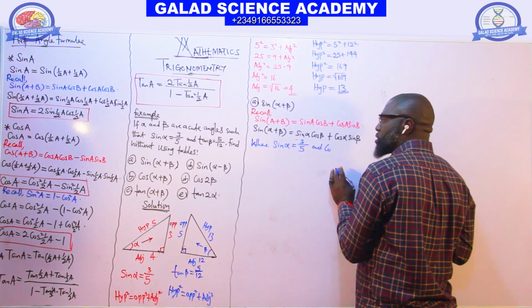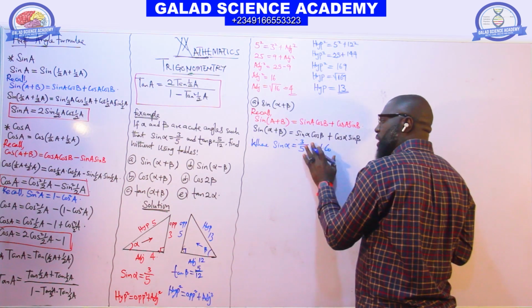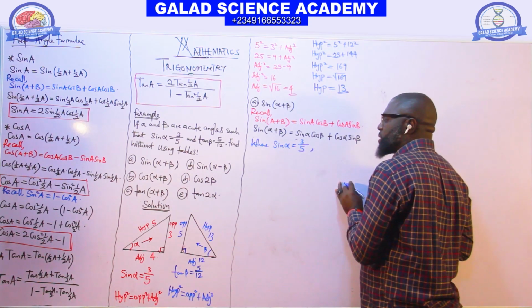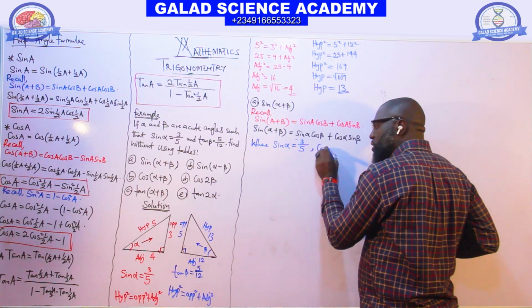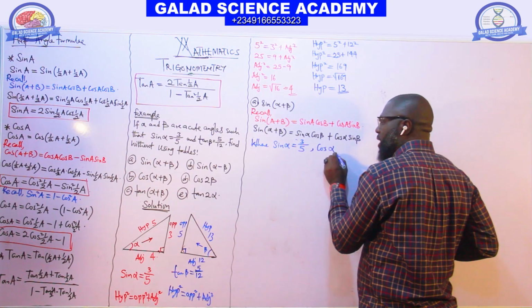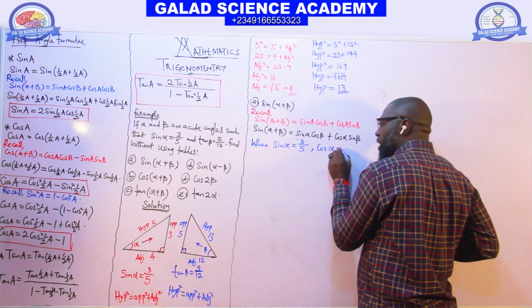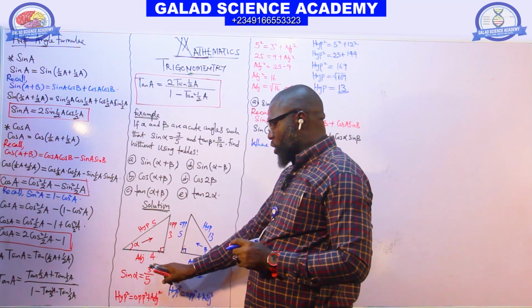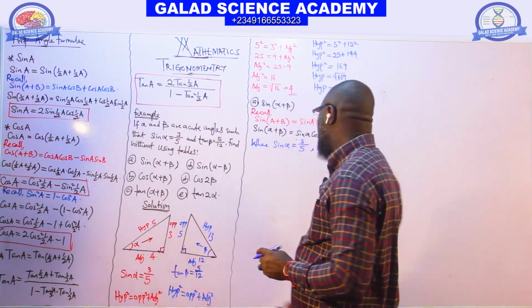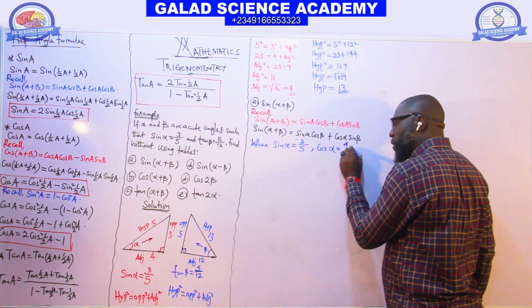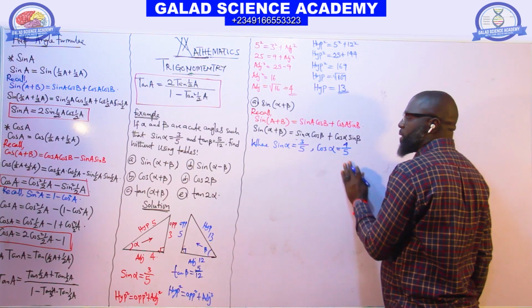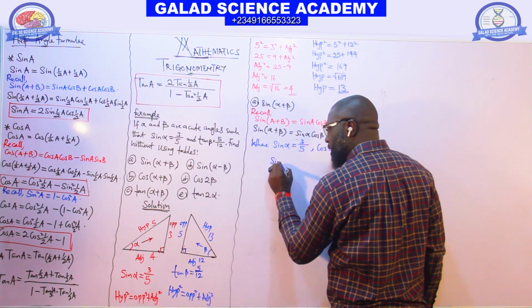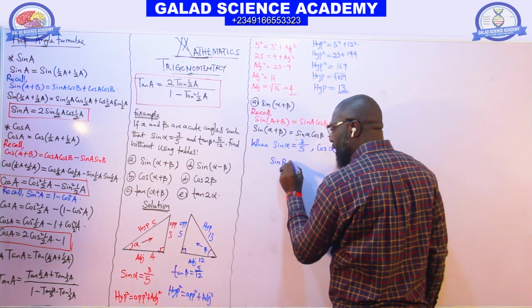Sine alpha is 3 over 5. What will be cos alpha? Cos alpha will be 4 over 5. Then what will be sine beta?